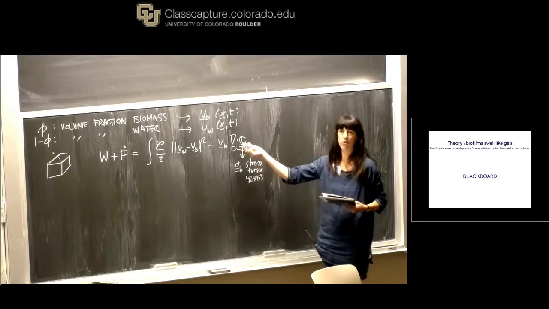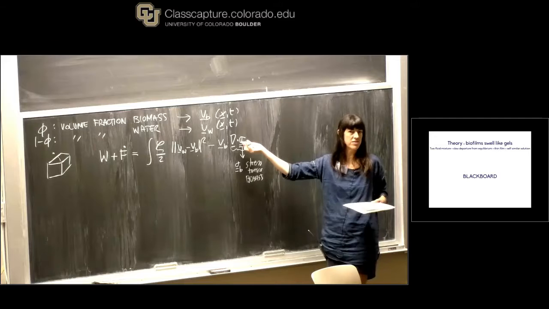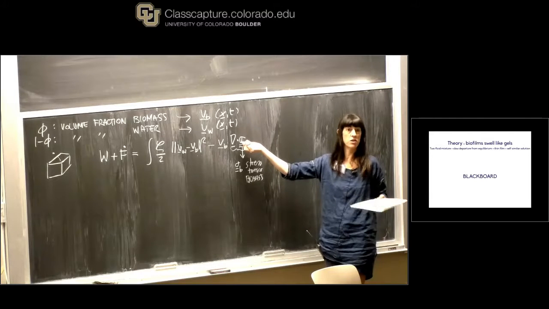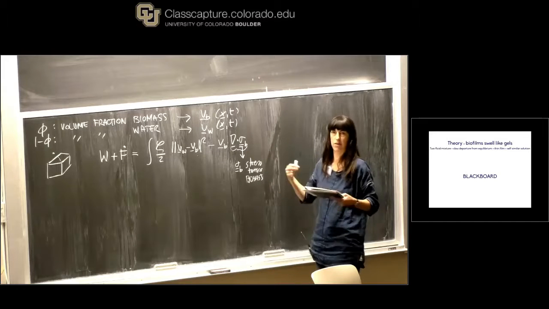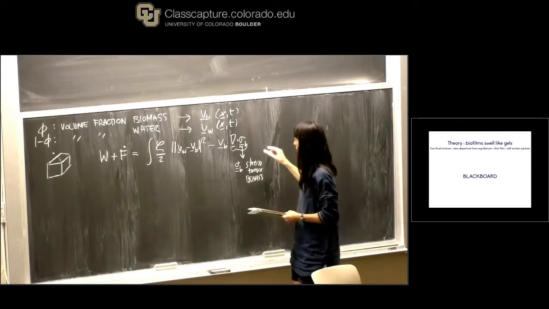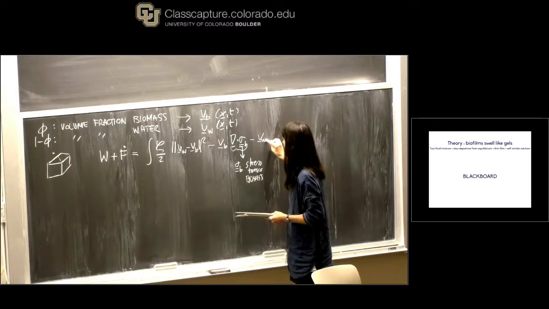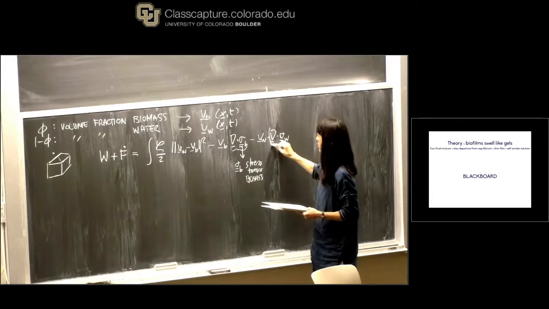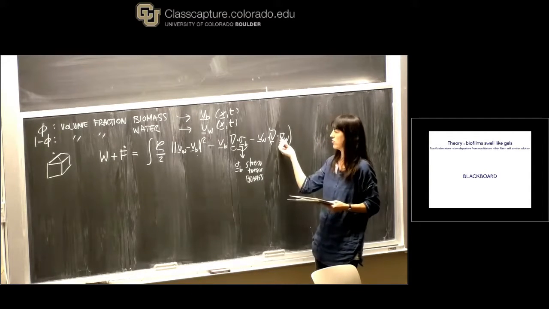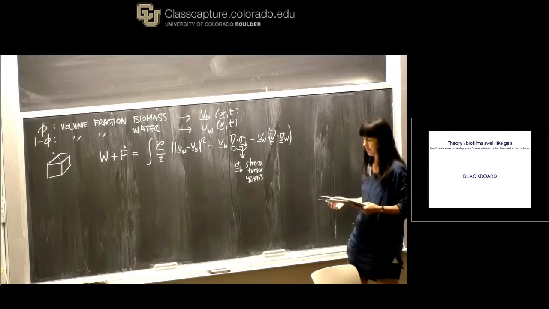In order to make progress, we'll have to assume that the biomass is something, and we'll assume it's a viscous fluid, very viscous, okay, with a viscosity much larger than the viscosity of water. Then there is the same term for water. Turns out this is typically very small, but same thing, okay, water stresses and velocity of the water.